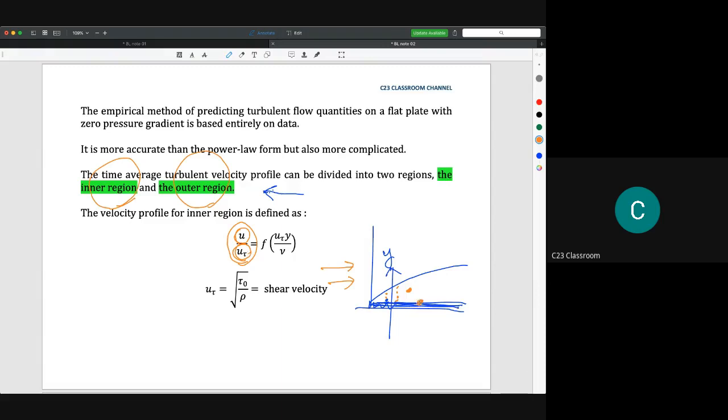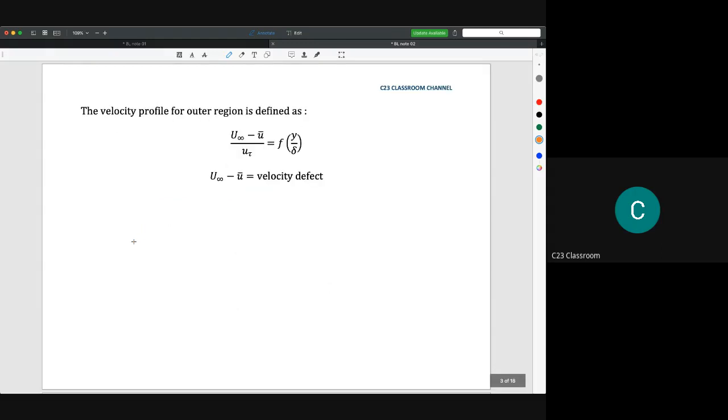Okay, u tau here is the square root of tau naught, the shear stress at the wall, divided by the density. So we could get the shear velocity. Okay, this is the definition of u tau.